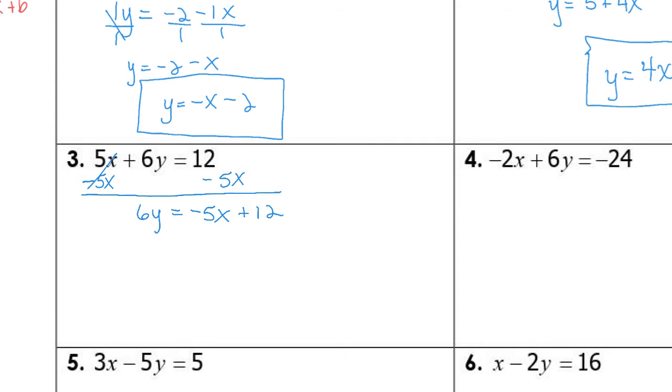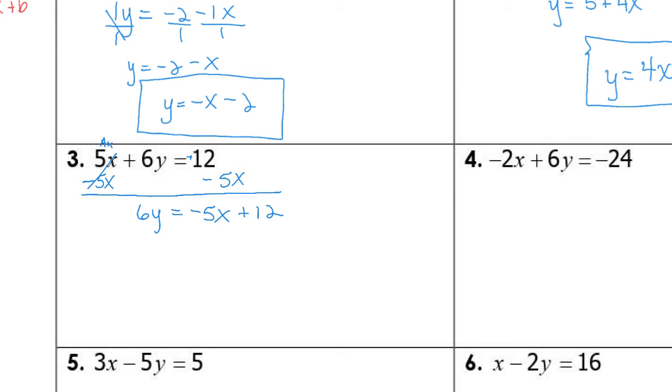I'm just going to start by rewriting it because I know I want my x terms first. So this is a -5x that comes down, and really this is a positive 12, so you can make it plus 12.